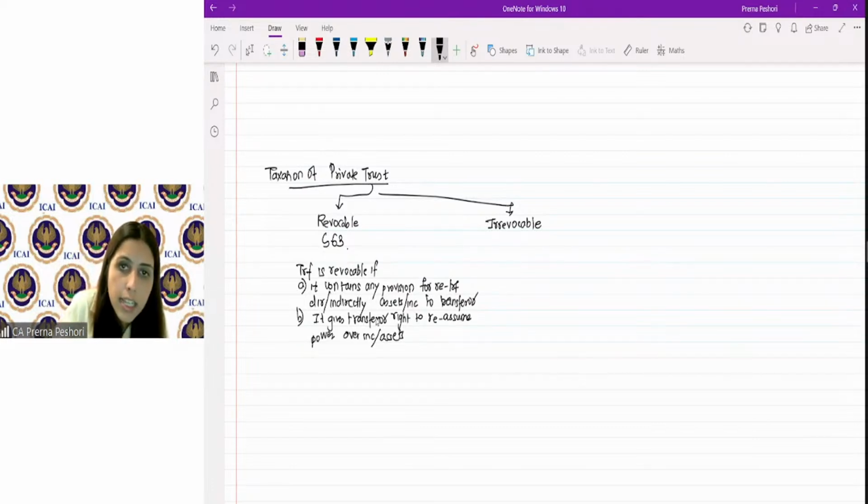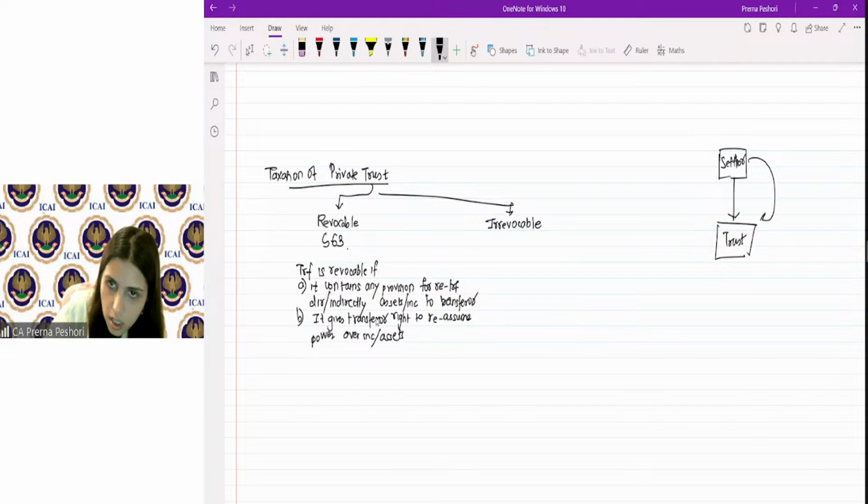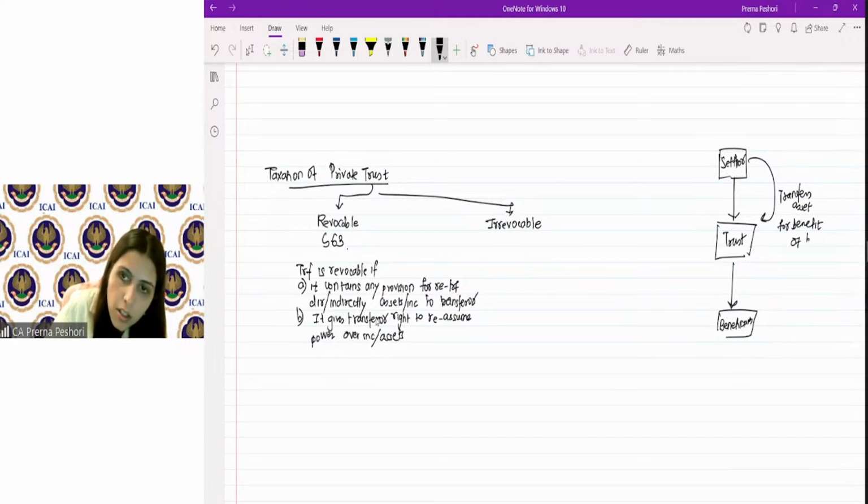Right? Now, in the case of a trust, there are three parties. One is the settlor. The settlor transfers the asset to the trust for the benefit of the beneficiaries.